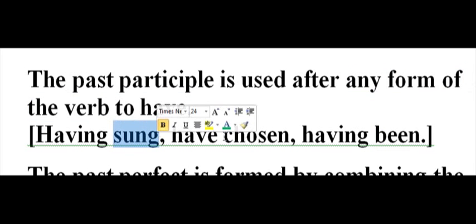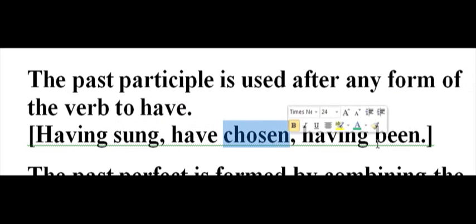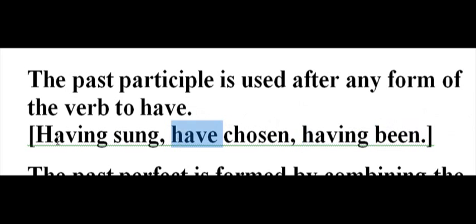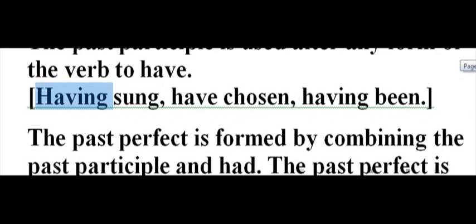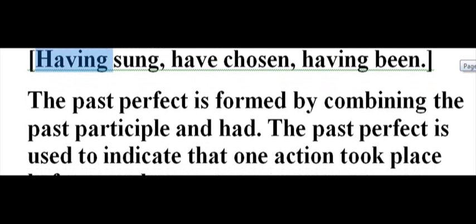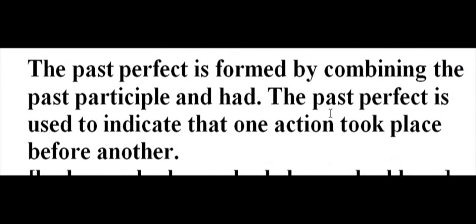Sung, chosen, been. These follow the verbs having, have, and having. Okay? So if it follows any form of the verb to have, that's a past participle. Keep repeating it because it's important. The past perfect is formed by combining the past participle and only the word had.